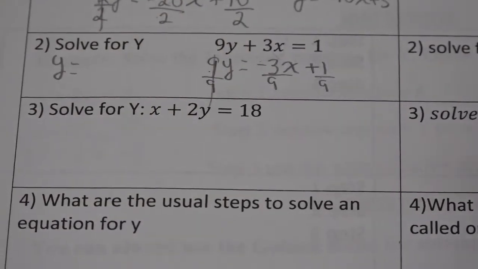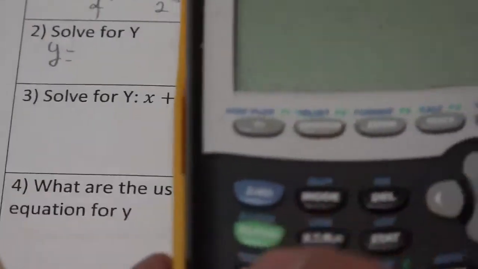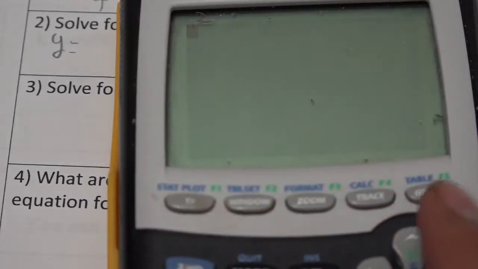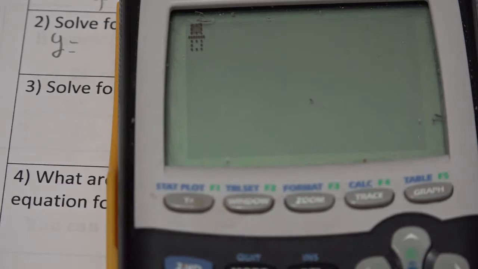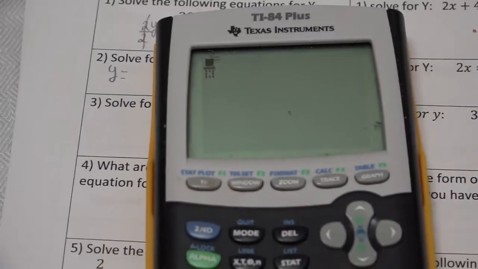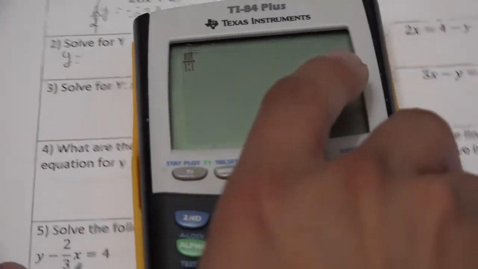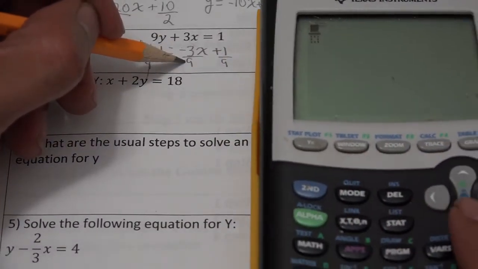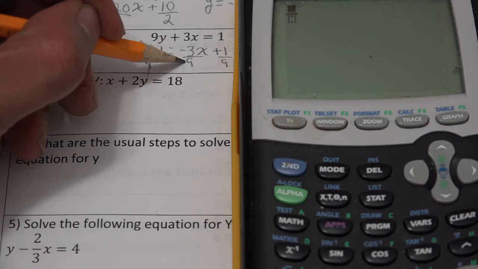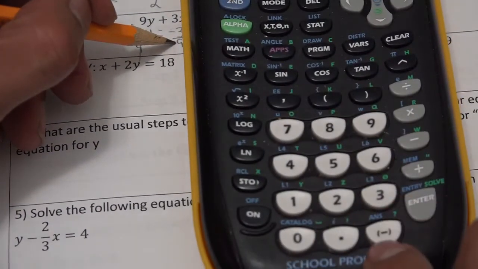I'm going to show you something nice on the calculator, okay? So yes, I put batteries in the calculator. Okay, so alpha y equals will give you a fraction. Now, notice something. So I have a fraction of negative 3 over 9. So that's exactly what I'm going to type. Negative, remember what the negative is right here, okay?